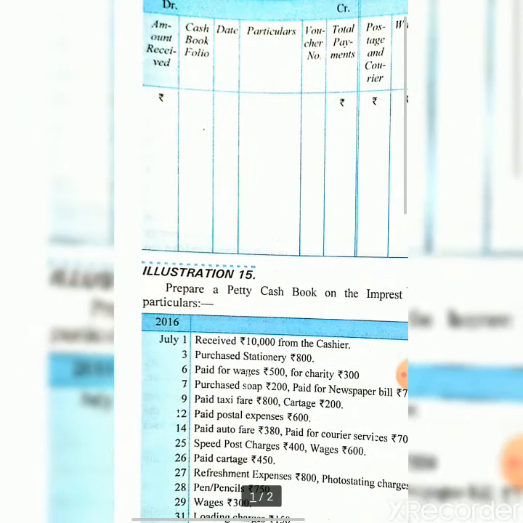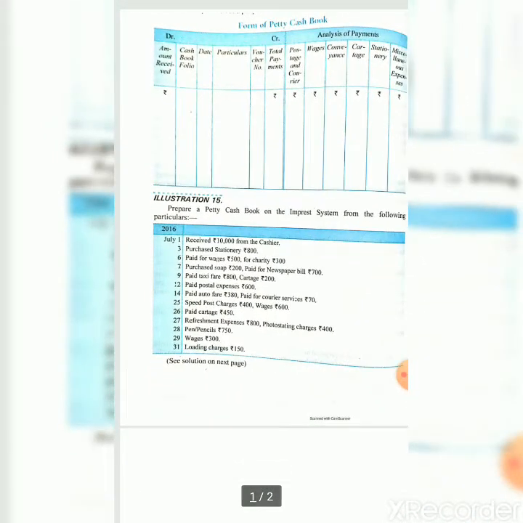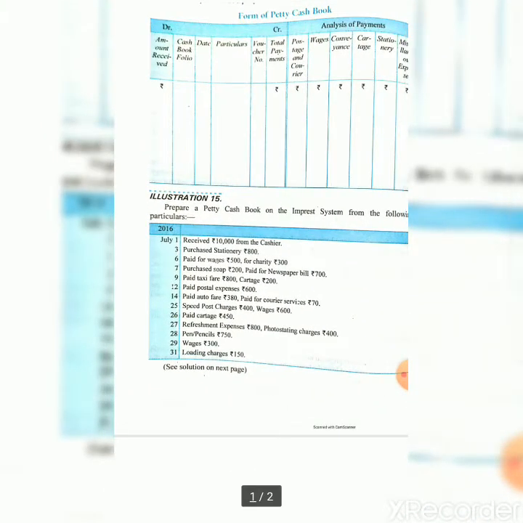Means the objective of maintaining a petty cash book is to free up the cash book from small amount items, like tea bought for 5 rupees or 10 rupees.